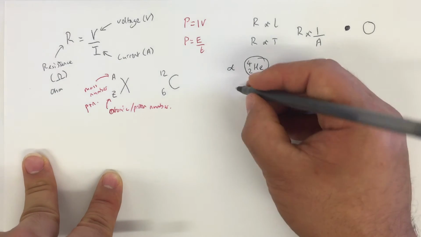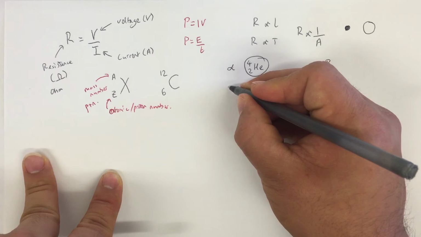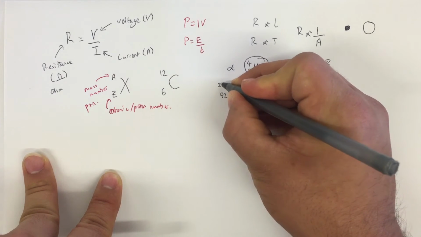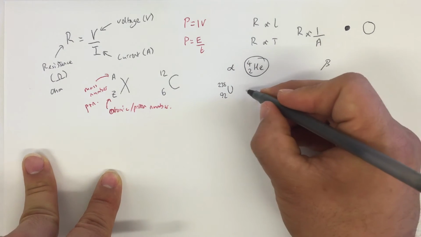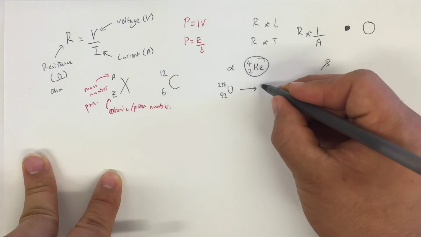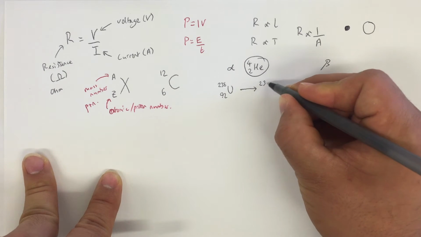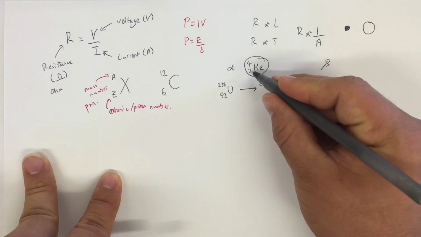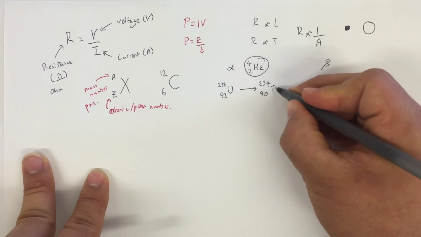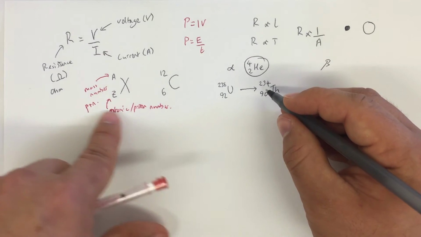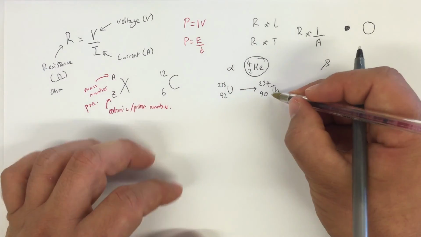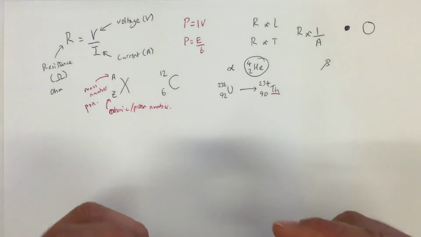So for example, if I've got uranium, which is 92, 238, what will happen when that undergoes an alpha decay is the number at the top will decrease by 4, so it will become 234, and the number at the bottom will be decreased by 2, so it'll become 90, and that will change the element. Because the proton number has changed, that gives you a new element, so now it will become thorium. You won't be expected to remember which element it will turn into.